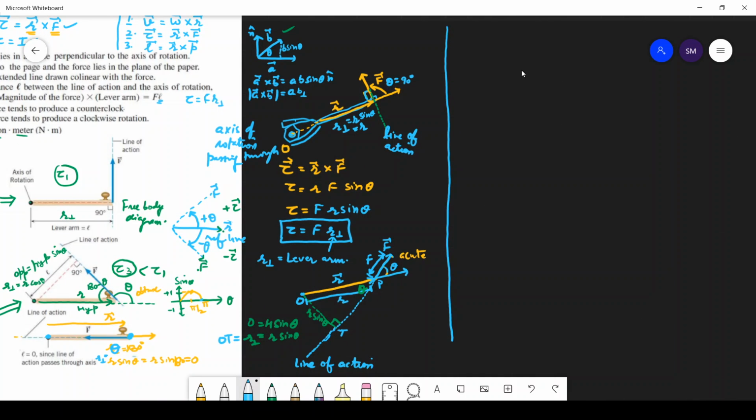Students, this is simply a rod. You can consider it as a rod or a plastic pipe, whatever you say. It can be any plastic pipe or a rod.